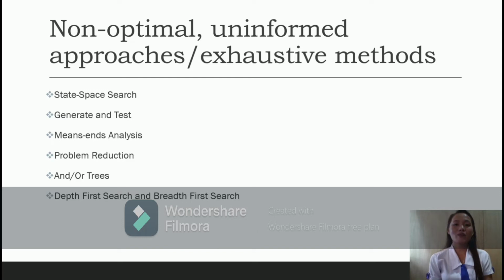The methods covered will include, for non-optimal uninformed approaches: state space search, generate and test, means-ends analysis, problem reduction, AND/OR trees, depth-first search and breadth-first search.